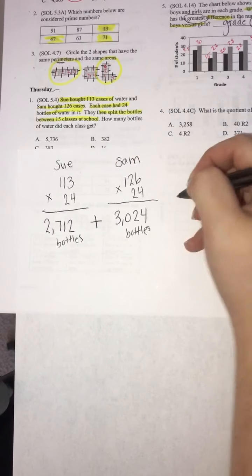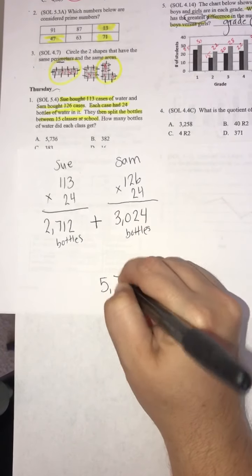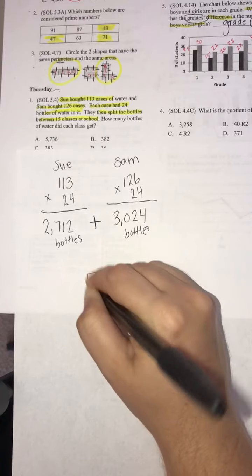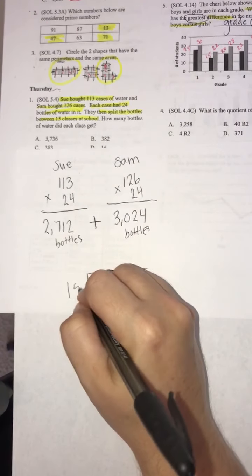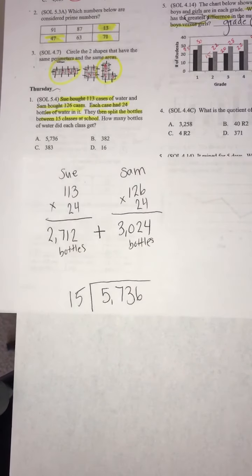Okay, and then I got 5,736 bottles, and then it says they split them with 15 classes. How many bottles does each class get? So then we're going to divide that by 15.